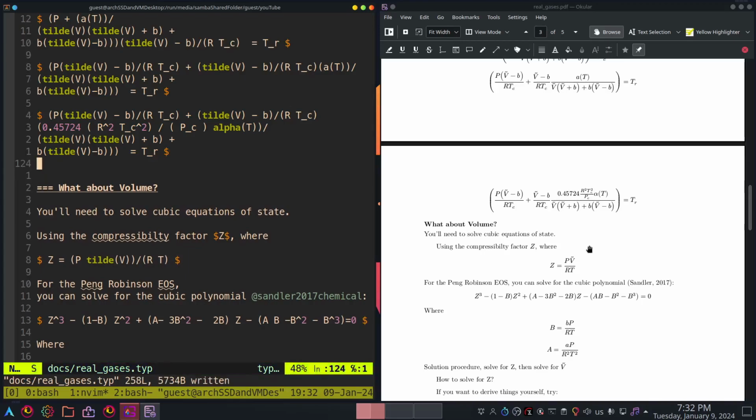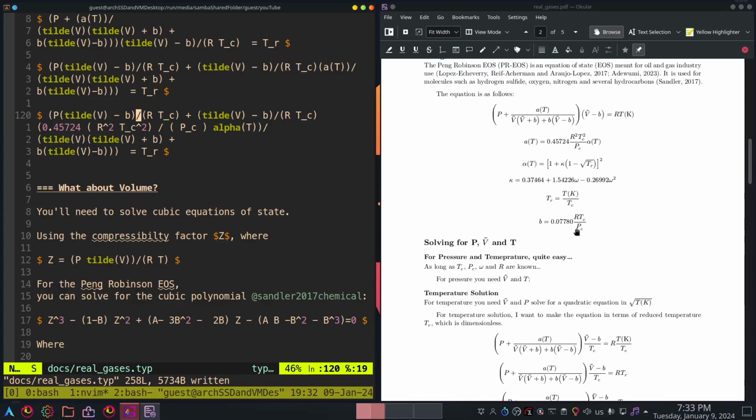And then I want to do some cleanup first. So this r square tc square will cancel with this here. Actually, maybe I don't need to do that. Maybe I'll leave it as that. I'll let the code do all the calculation. But it's a little bit messy, as you can see here.